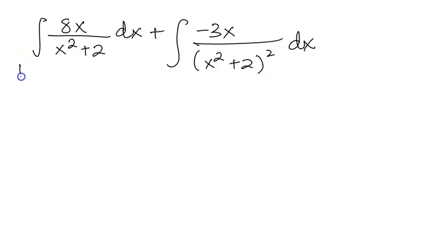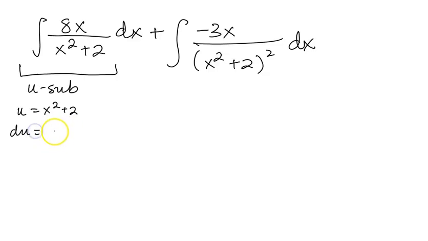The first integral I can do with a simple u sub because the denominator has degree 2 and the numerator has degree 1. So when I pick up this 2x dx for du, I can choose to multiply both sides by 4 to see that 4 du is 8x dx.